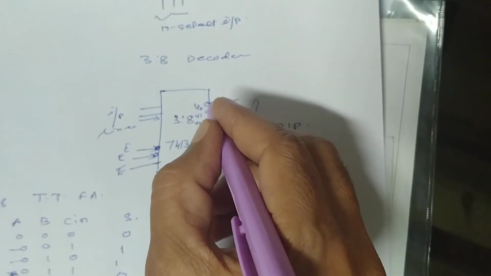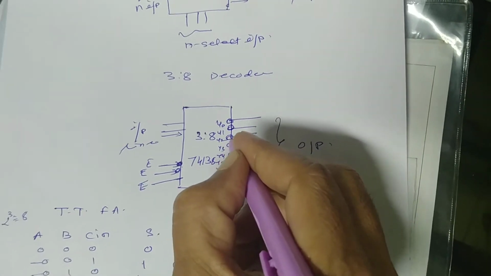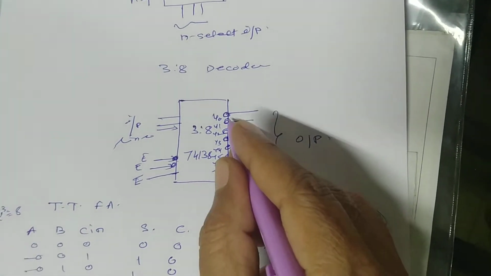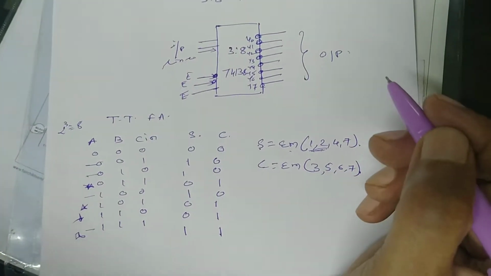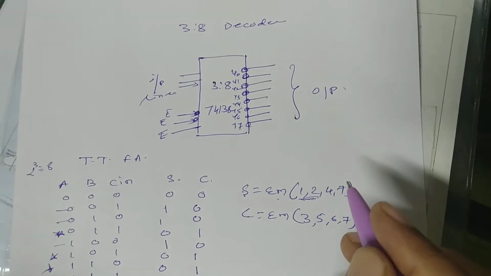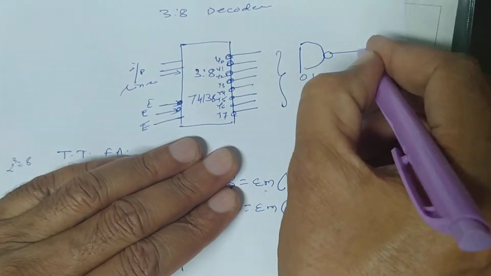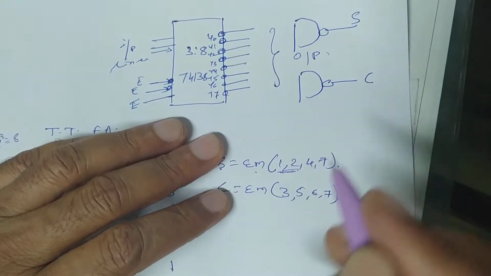Why do we have to use the NAND gate? Because the outputs of this IC are complementary, active low type. So 4 inputs are there, that's why we have to use a 4 input NAND gate. This 4 input NAND gate is for sum, and this 4 input NAND gate is for carry.